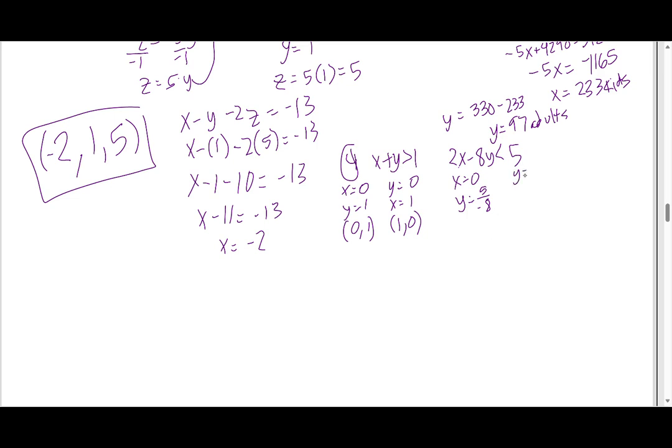And if y was 0, I'd ignore the second part, divide by 2. That would give me 5 halves, or 2.5. So my 2 points are 0, negative 5/8, and 5 halves, 0. Oops, I wrote that backwards.